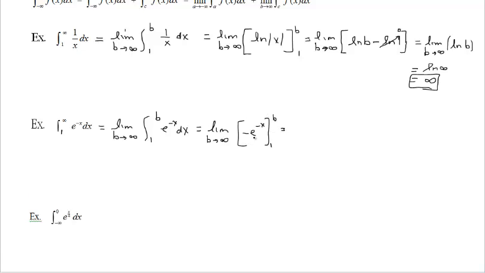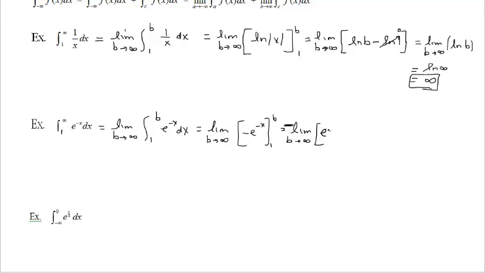Okay, now we have to plug in our limits. So let's bring forth the limit as b approaches infinity. All right, so as a matter of fact, right here, this negative, I think I'm going to go ahead and bring it out in front of my limit here, just to unclutter the evaluation part. You can do that, bring out the constant, so that helps me simplify this a little bit.